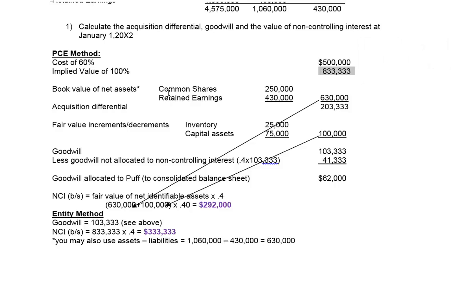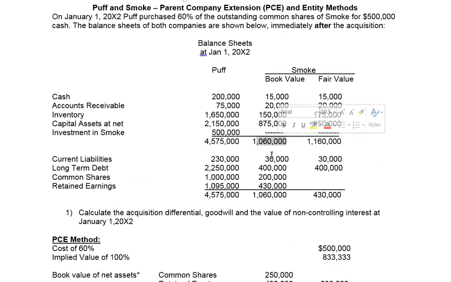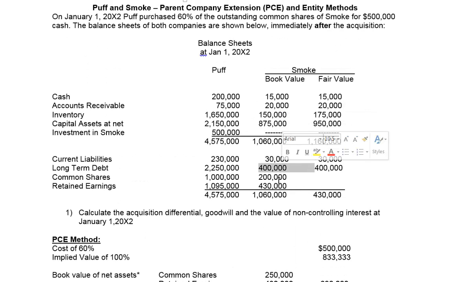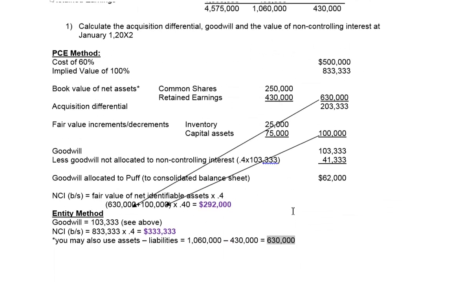$833,333 to what we now control of that sub, which is its common shares and retained earnings, or its net asset position. Now in the text, you can also use assets less liabilities of the sub, which we have here, assets less the liabilities here, 1,030,000 and 400,000, right? And you can also get 630,000. You'll find in some questions, depending on the question, they don't always give you the assets and liabilities, depending on what they ask you to do with the question.